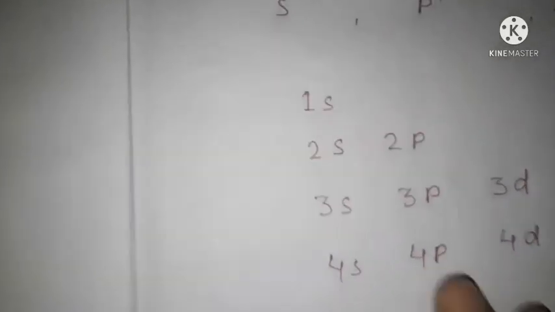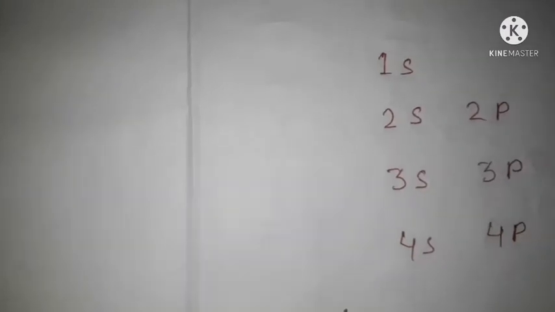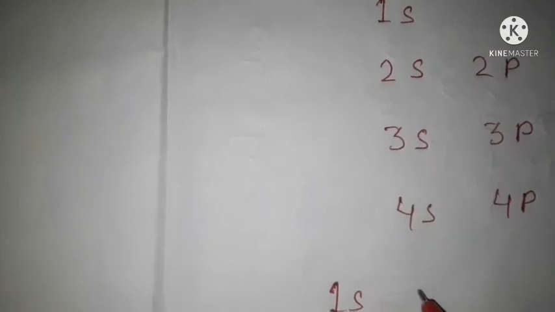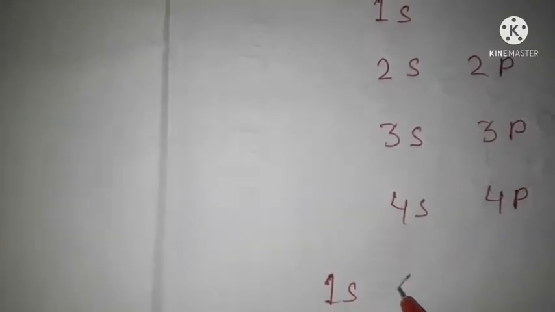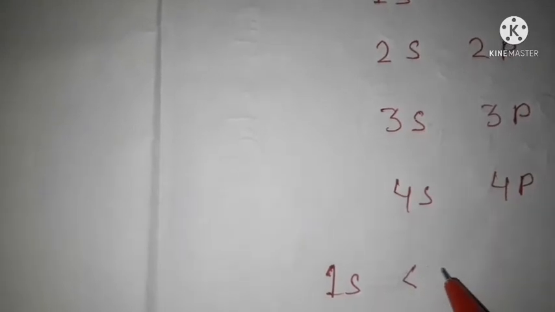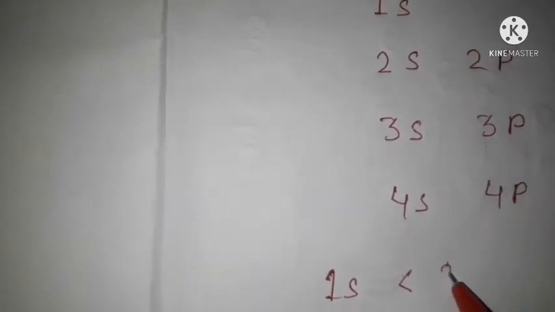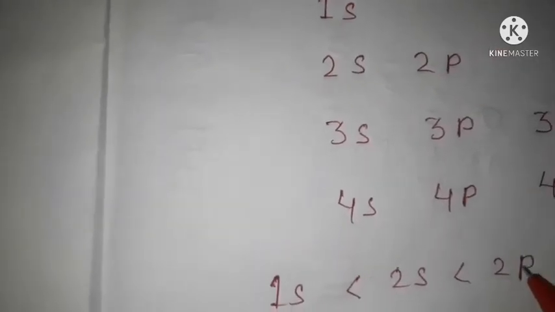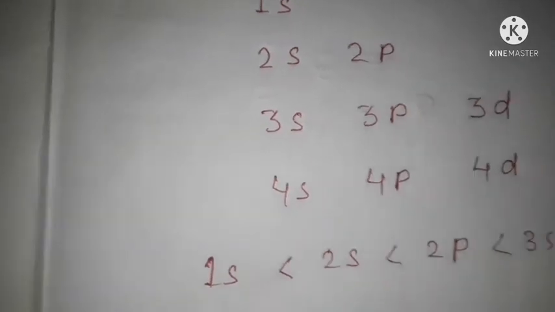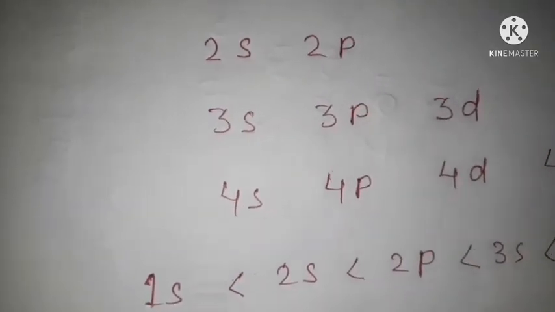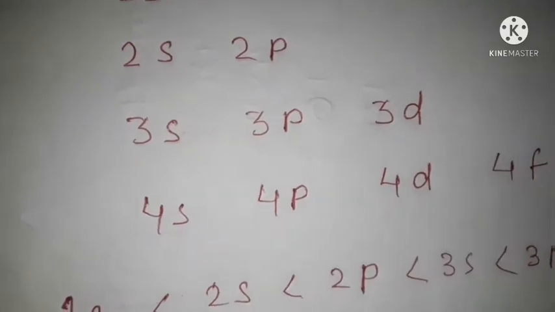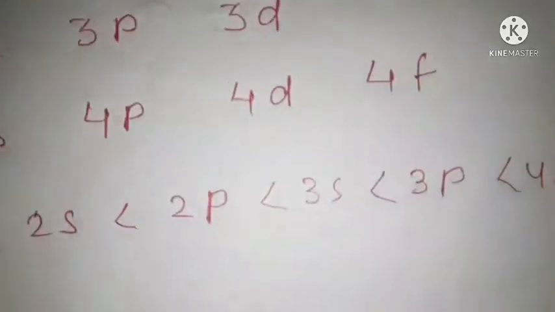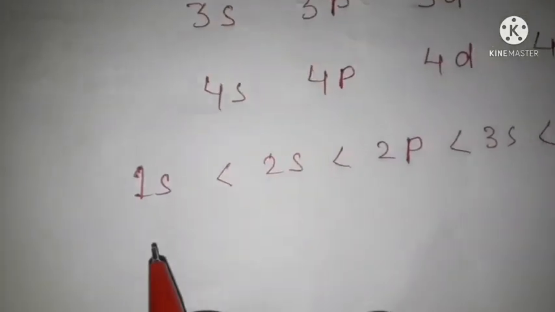So we arrange it. First we use 1s, which is less than 2s, less than 2p, less than 3s, less than 3p, less than 4s, less than 3d. Now we can use this for electronic configuration in this way.